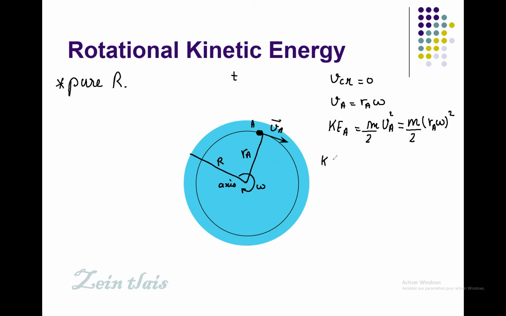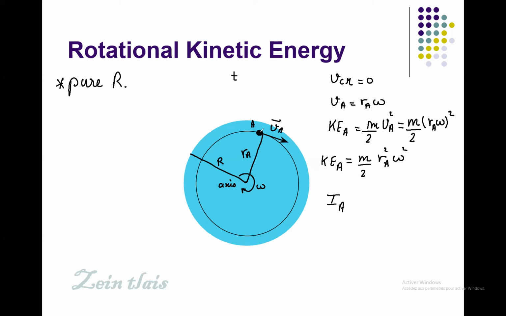We get finally kinetic energy of A equals to M over 2 times R square omega square.